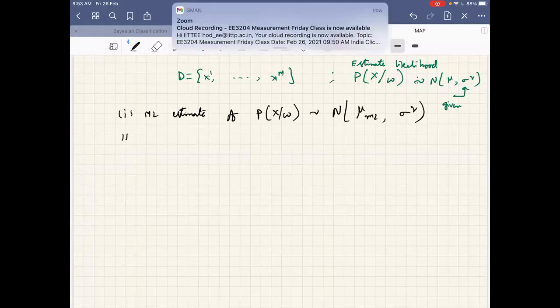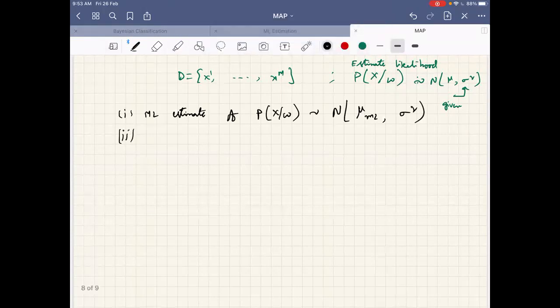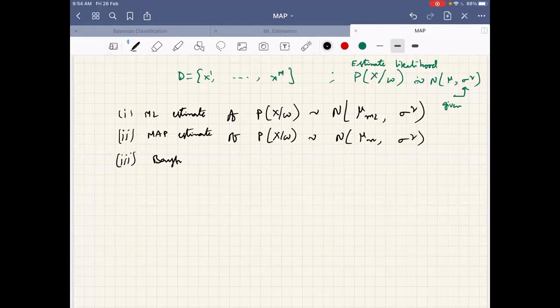For the MAP estimate of likelihood, P of X given omega is normal with mu MAP comma sigma square. And the Bayesian estimate of likelihood is normal with mu n comma sigma square plus sigma n square.